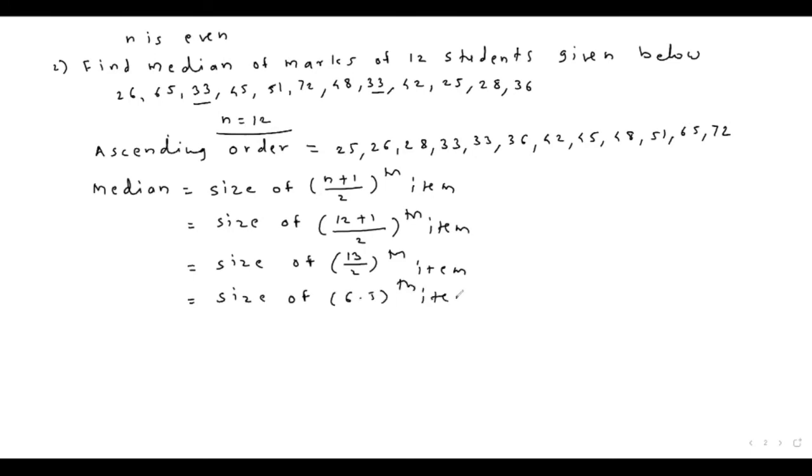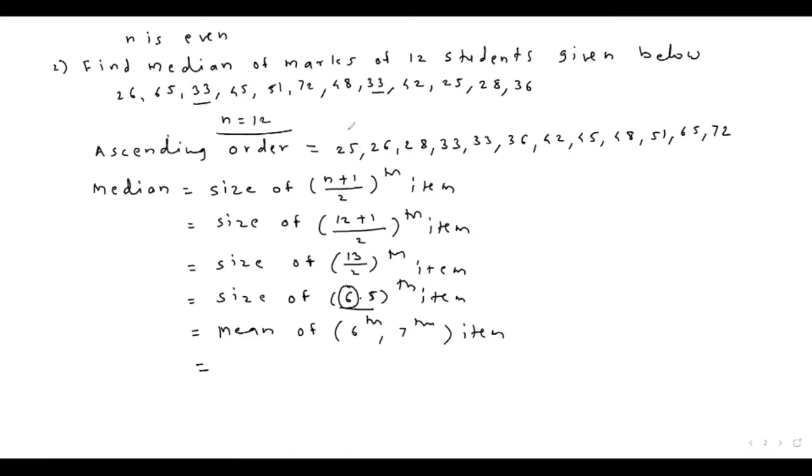Over here, since it is a fractional number, we need to find the median as mean of the 6th, that is the integer part of this fractional number, which is 6, and just greater than 6th, which is 7th item. So we can find the mean of 6th and 7th item.